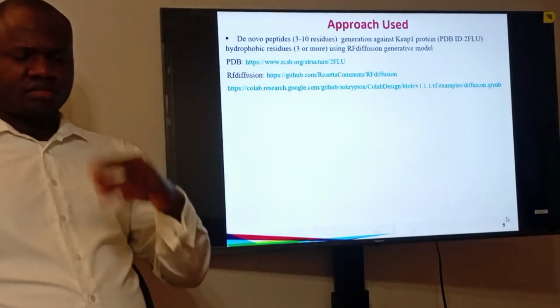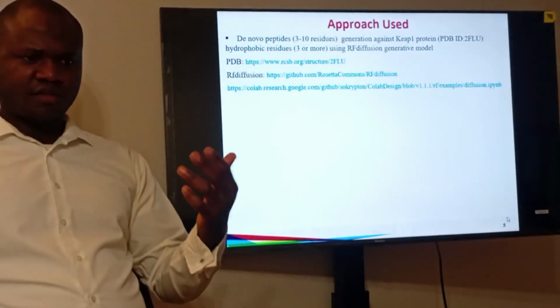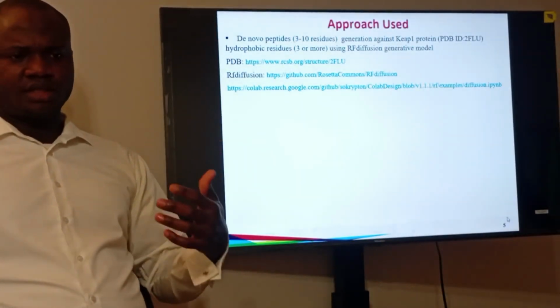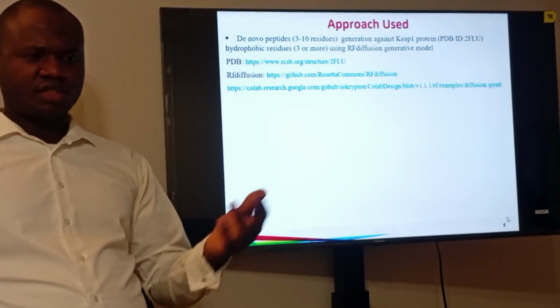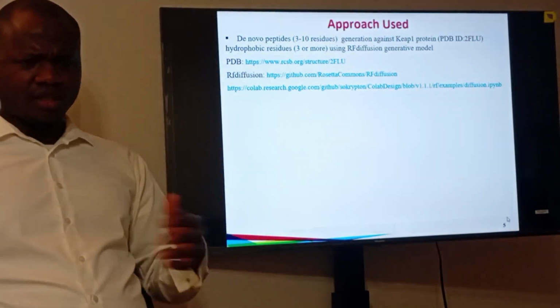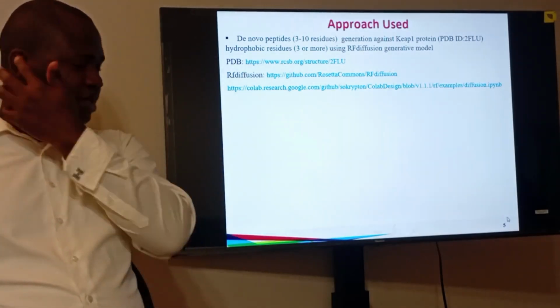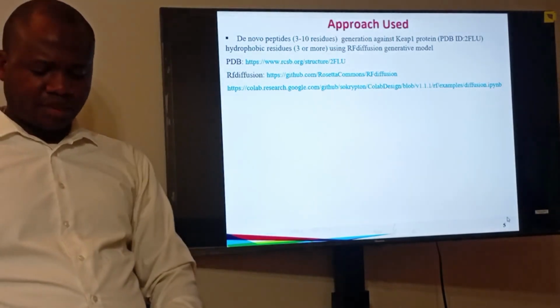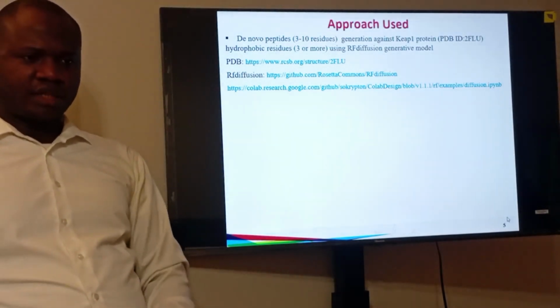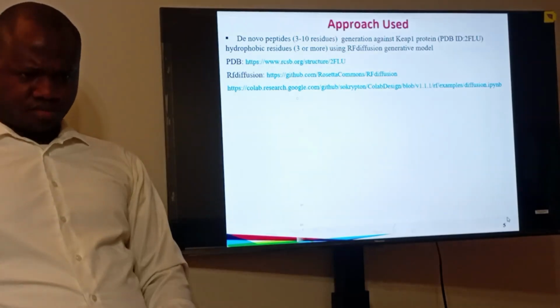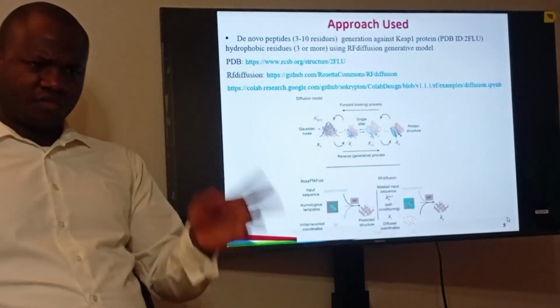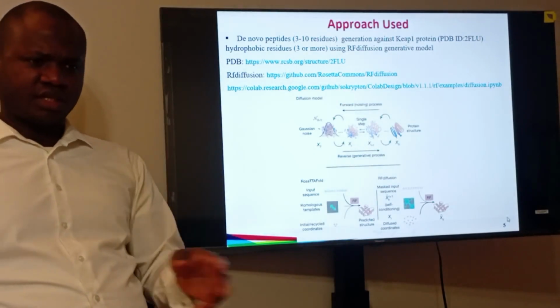RF diffusion builds on RoseTTAFold, if you have heard about RoseTTAFold, in such a way that it integrates a lot of internal models in order to predict the backbone of protein that can bind to the given catalytic sites. So this is an overview of what the diffusion model is all about.